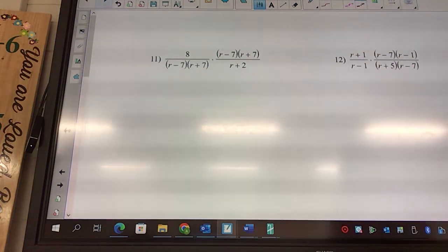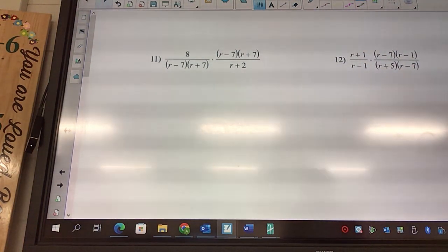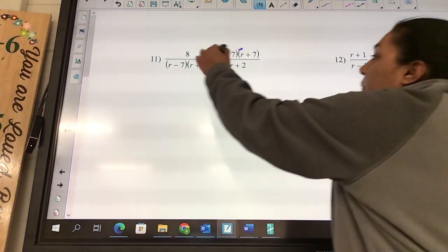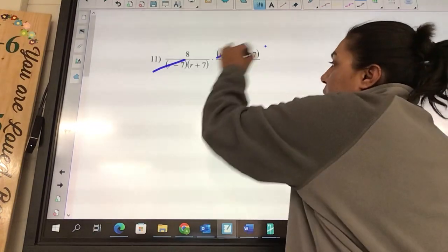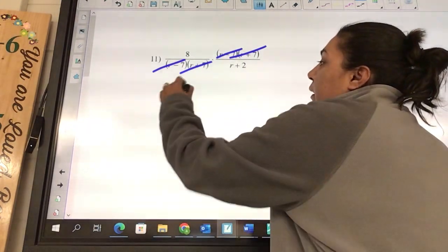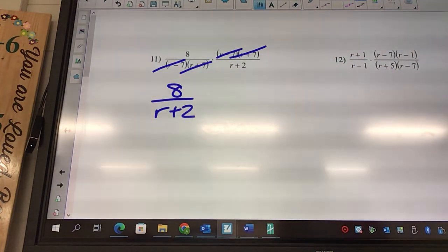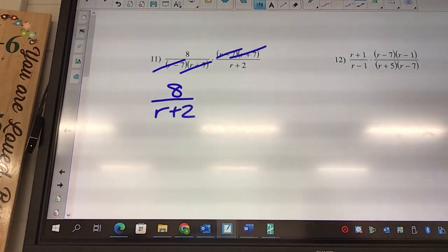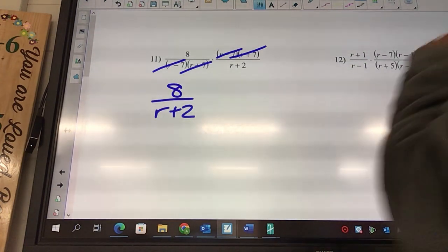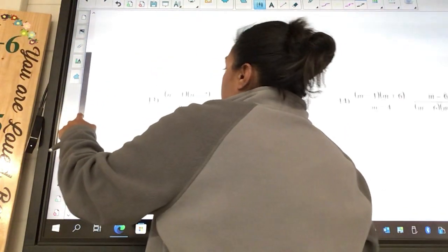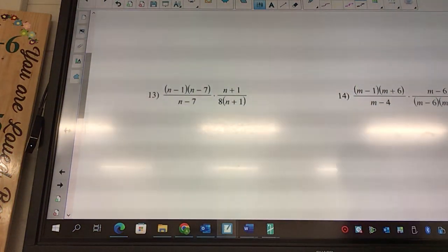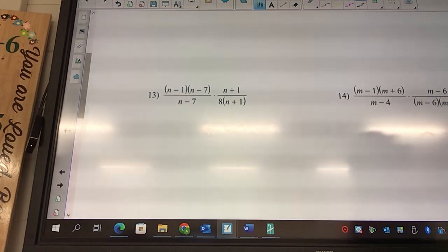Look at 11. What can we cross out? R minus 7. R minus 7. Good. R plus 7. Good. A over R2. Number 13. What can we cross out? N plus 1. Or N minus 7.